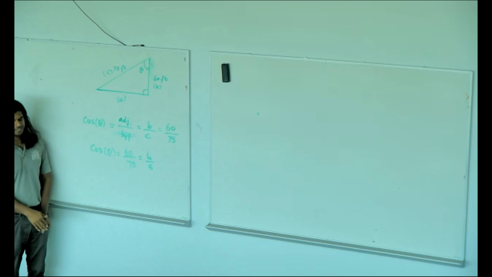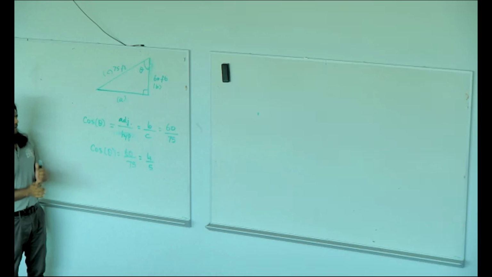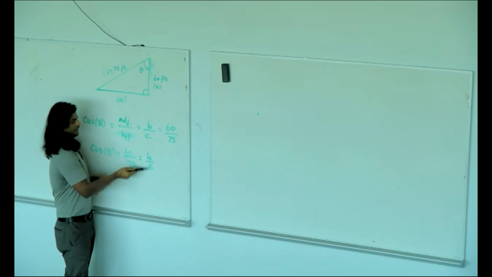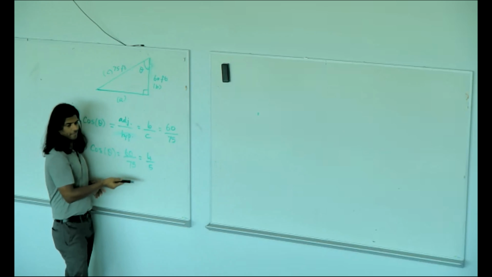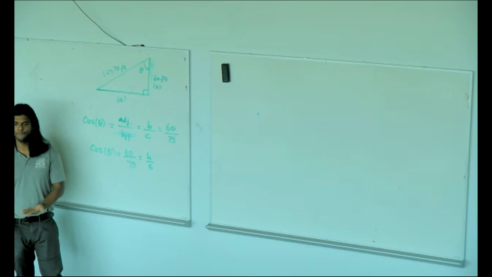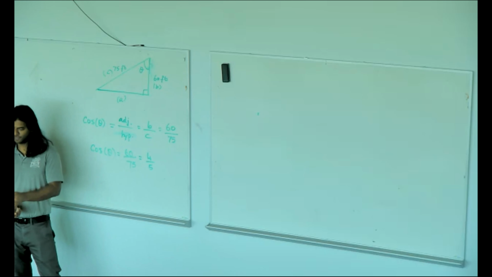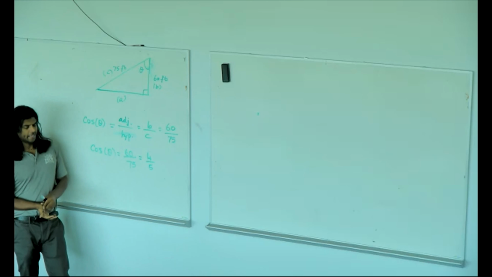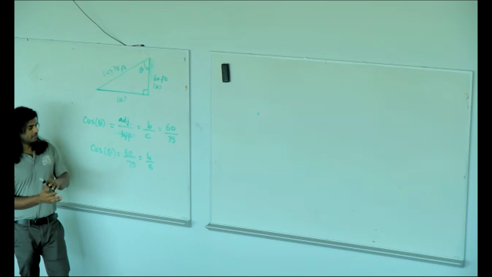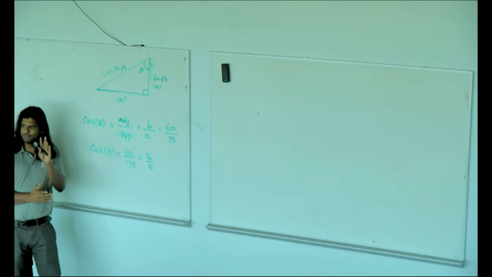Even before you start, you should sort of know what the angle would be by looking at how close this value is to 1. 4 over 5 is 0.8, and 0.8 is pretty close to 1. So the angle is probably around 20, 30, maybe 40.